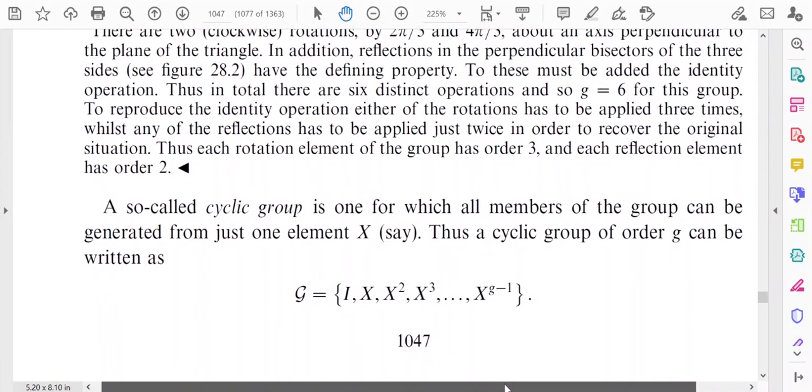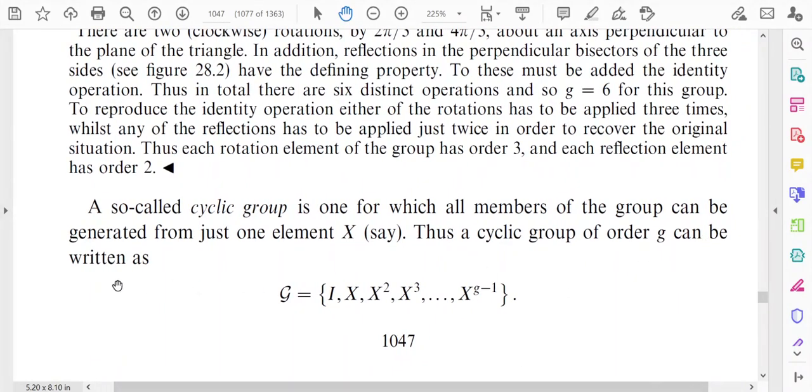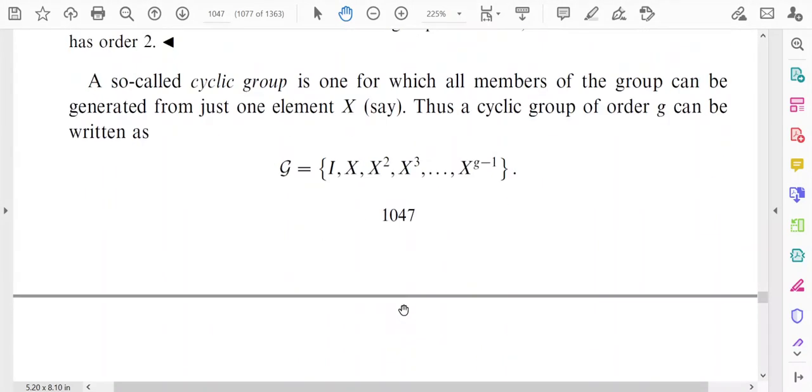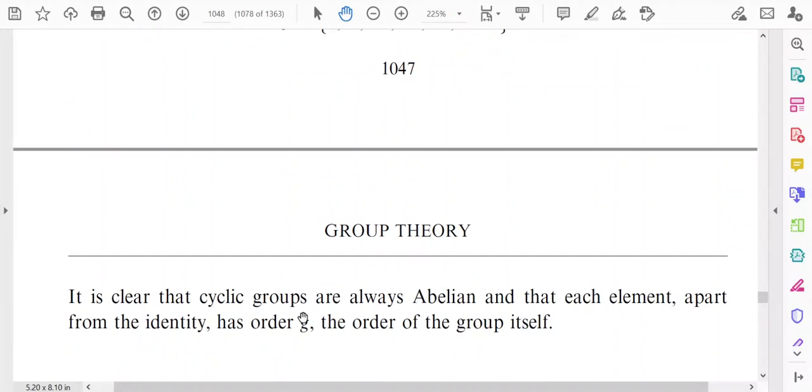Thus, a cyclic group of order small g can be written as G equals I, x, x squared, x cubed, and so on. That is, the elements are generated from a single element x, and this is the structure of a cyclic group. The point is that a cyclic group has no proper subgroup. Cyclic groups are always abelian groups.